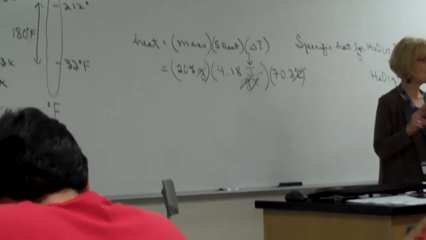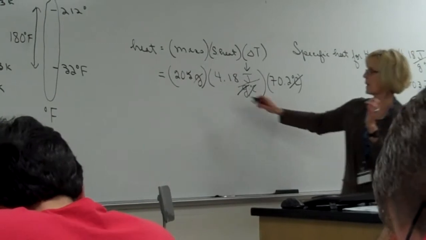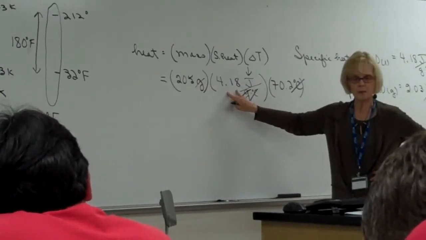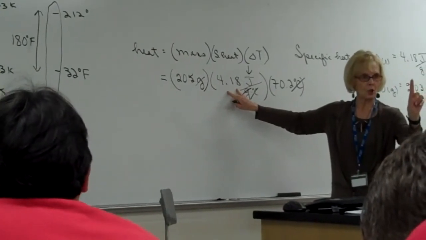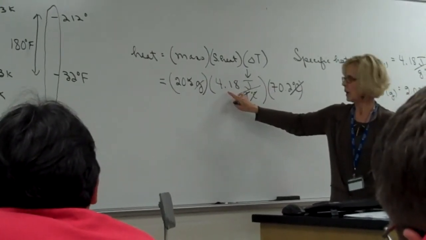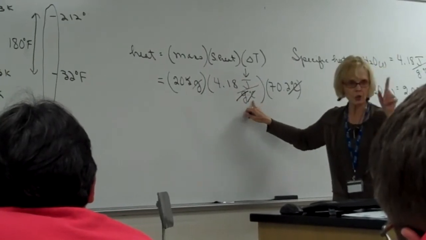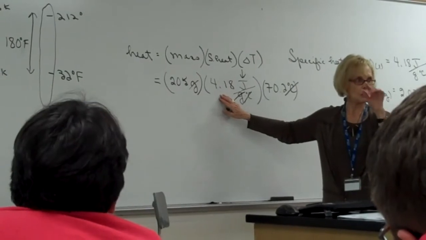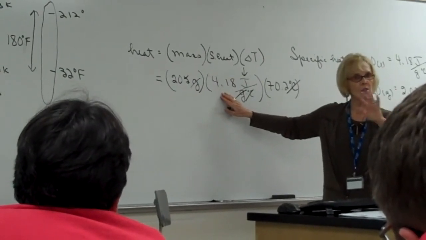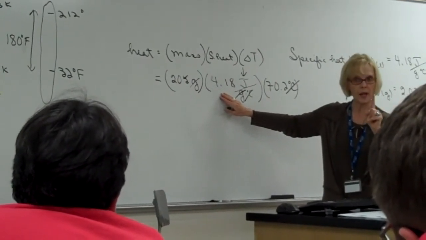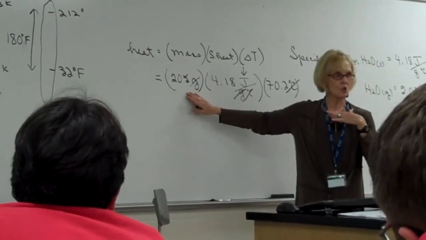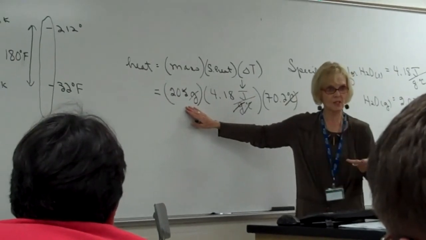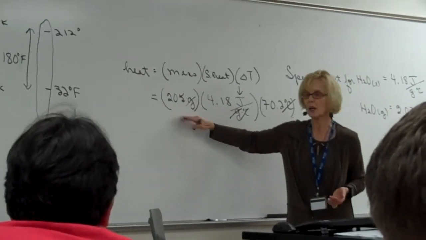Now, again, before you start crunching numbers, let's think about this. What is this telling us? Every time we have 1 gram of water and I want to change it by 1 degree Celsius, I need 4.18 joules. But today, I'm not taking just 1 gram of water. I'm taking 205 times that. So doesn't it just make sense to multiply?